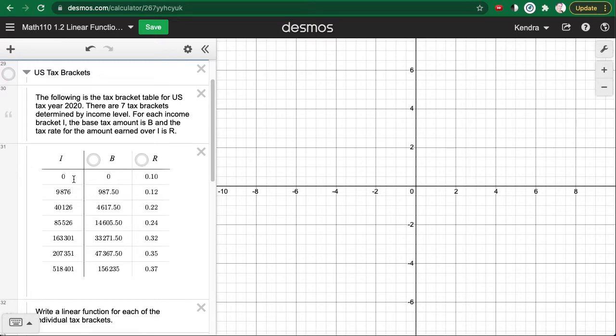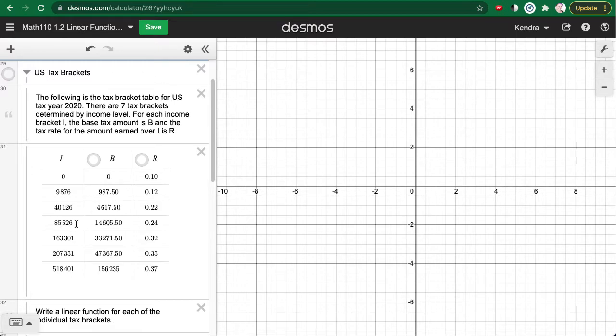So if your income is between $0 and $9,876 per year, then you have a base of $0, and you're taxed 10% of your income.